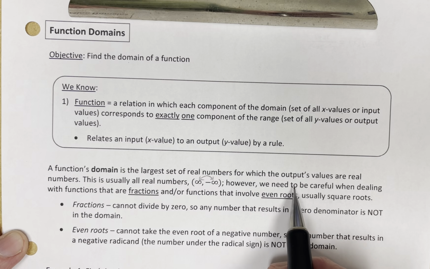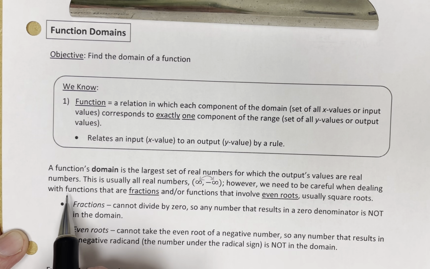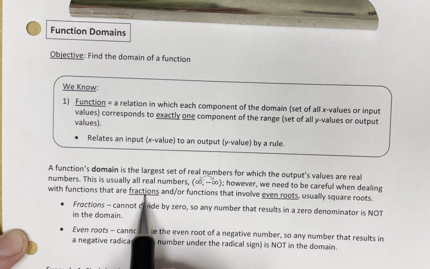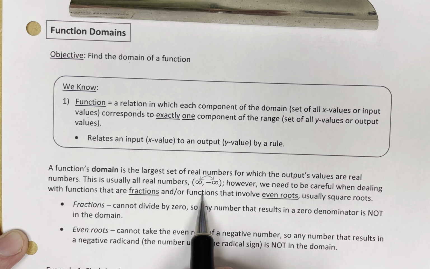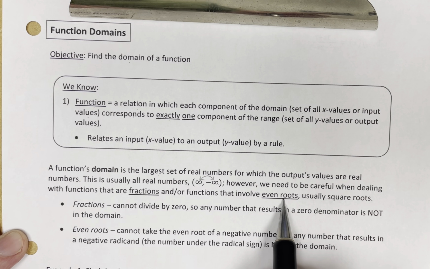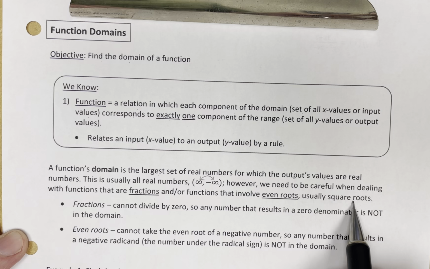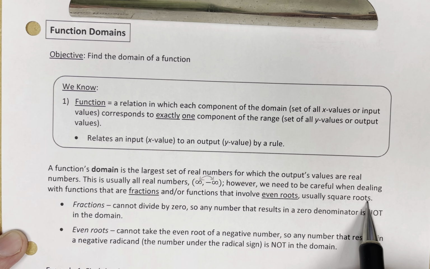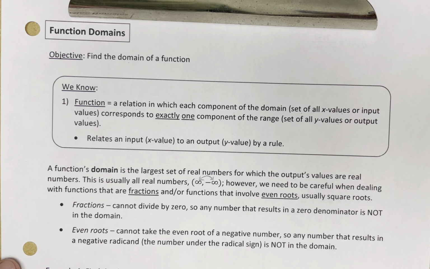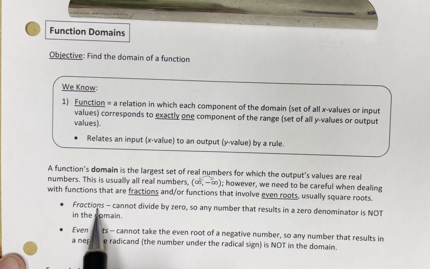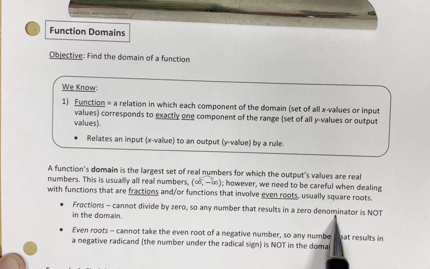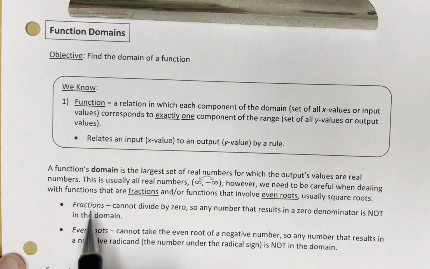However, we need to be careful when dealing with functions that are fractions and or functions that involve even roots, which are usually our square roots. Why do we need to be careful? Because with fractions we cannot divide by 0. So any number that results in a 0 denominator is not a member of the domain.